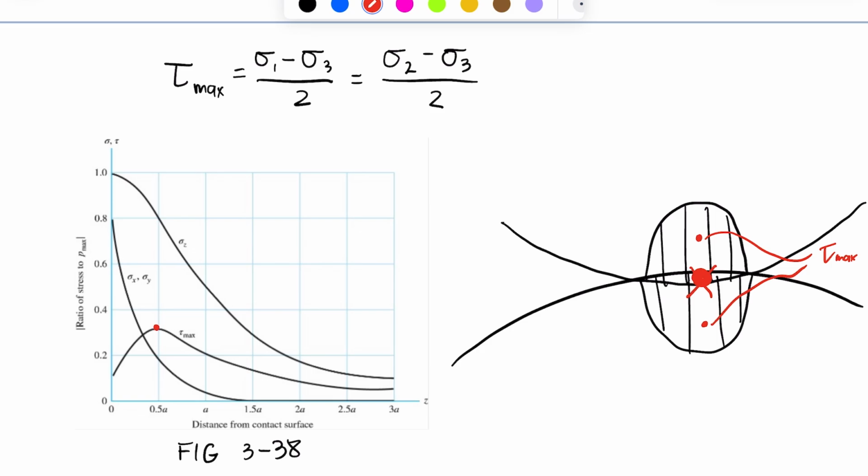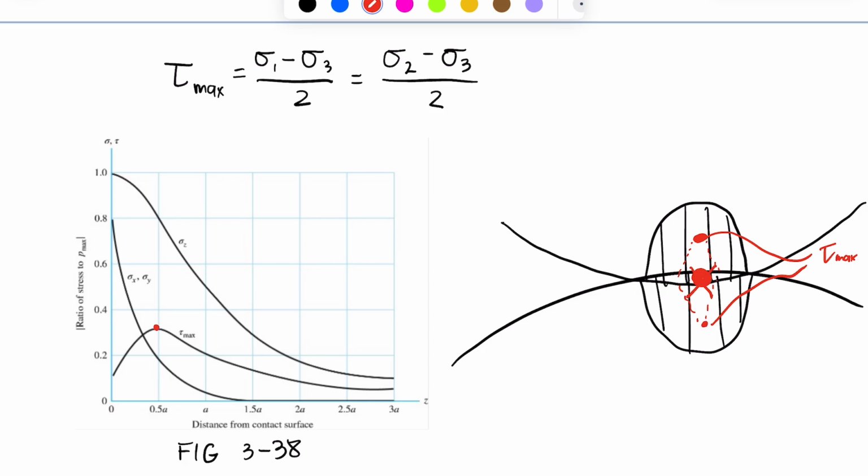And many experts believe that this is the cause of surface fatigue failures of contacting elements, because we have this maximum shear stress that weakens the material just beneath the surface. And then as time progresses, these cracks grow towards the surface, and eventually this chunk of material pops out of the part.